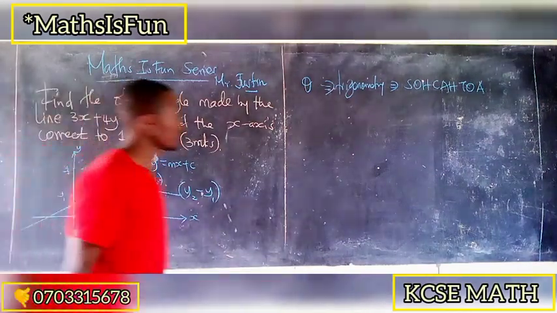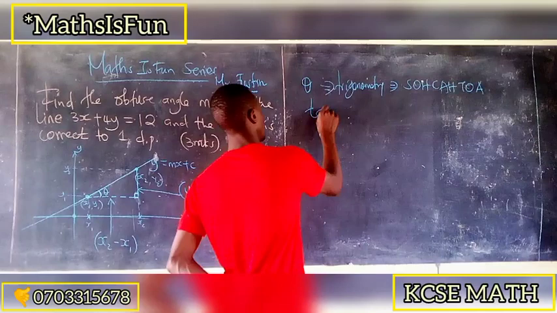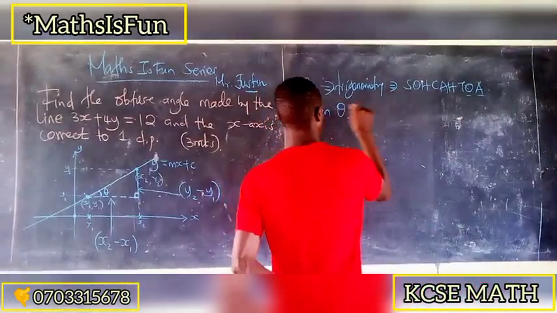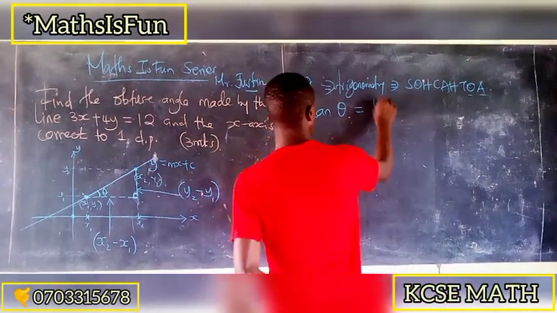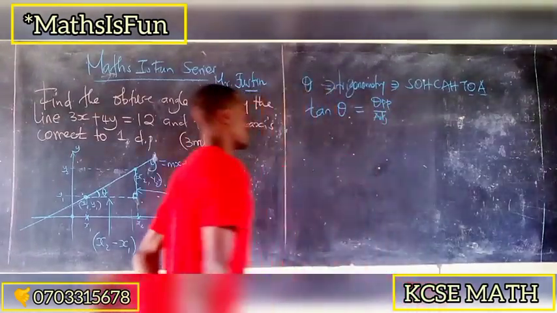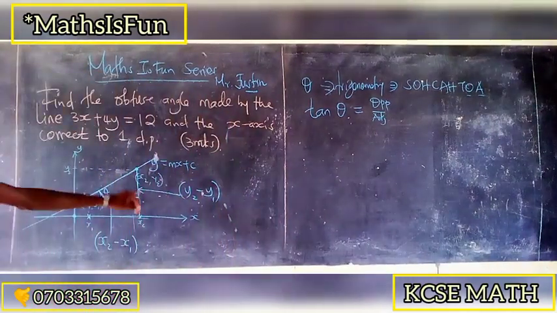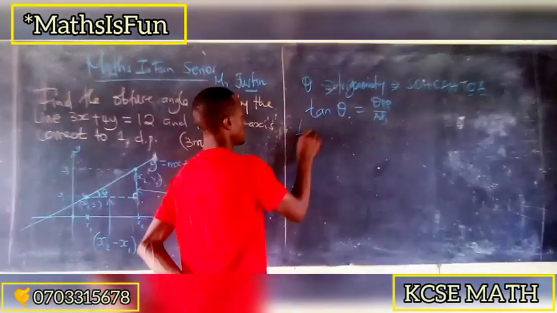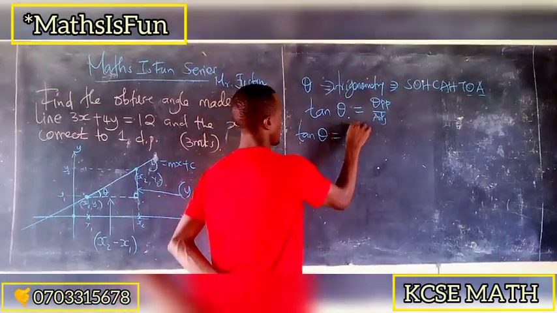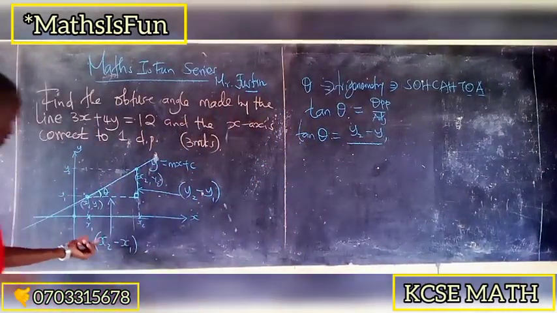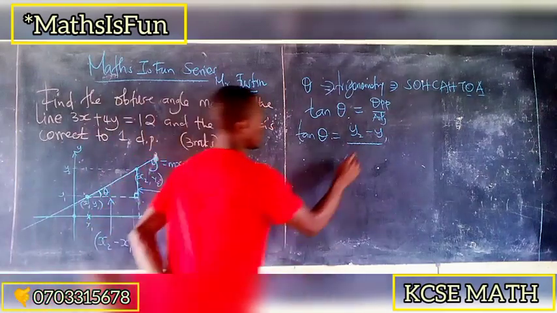So the tan of theta is the same as the opposite over adjacent. From our origin here, the opposite of this angle is y2 minus y1. So tan theta is all over the adjacent, x2 minus x1.